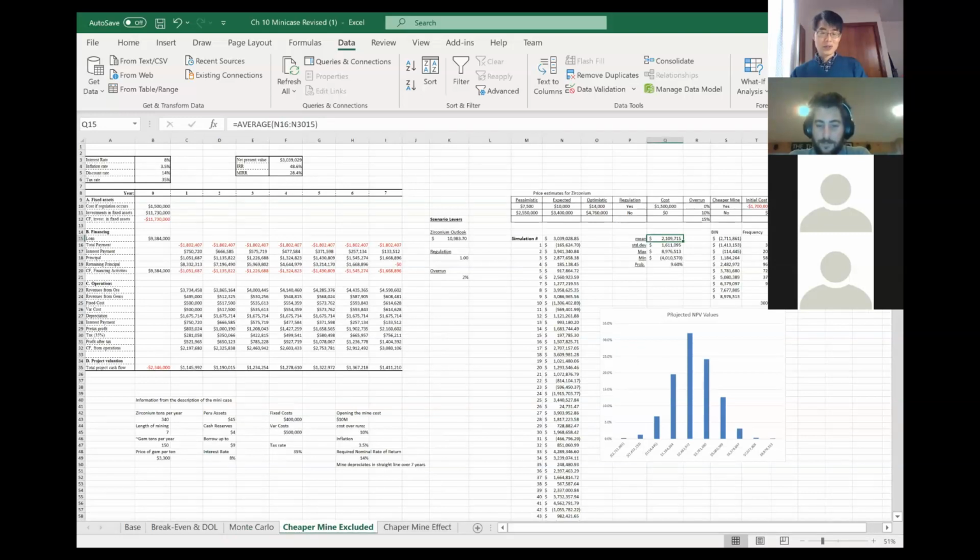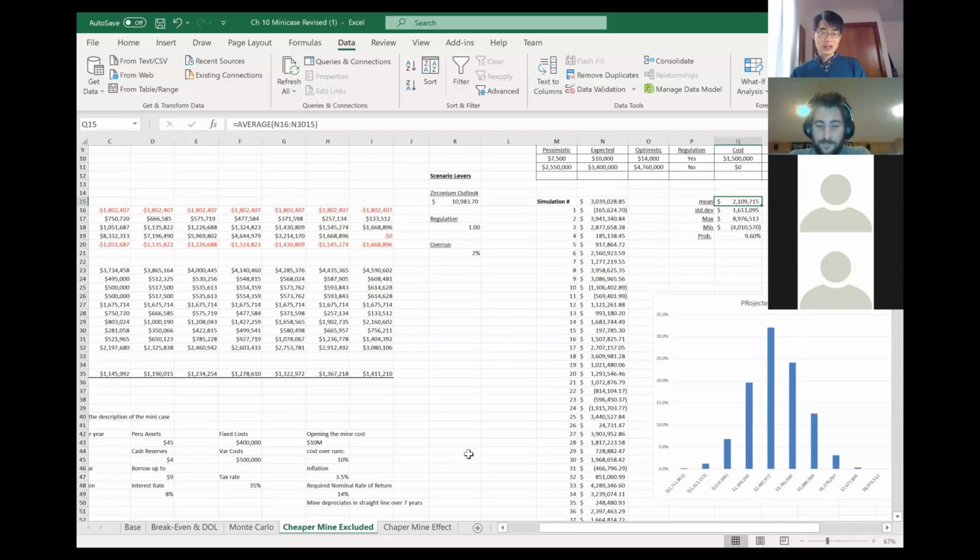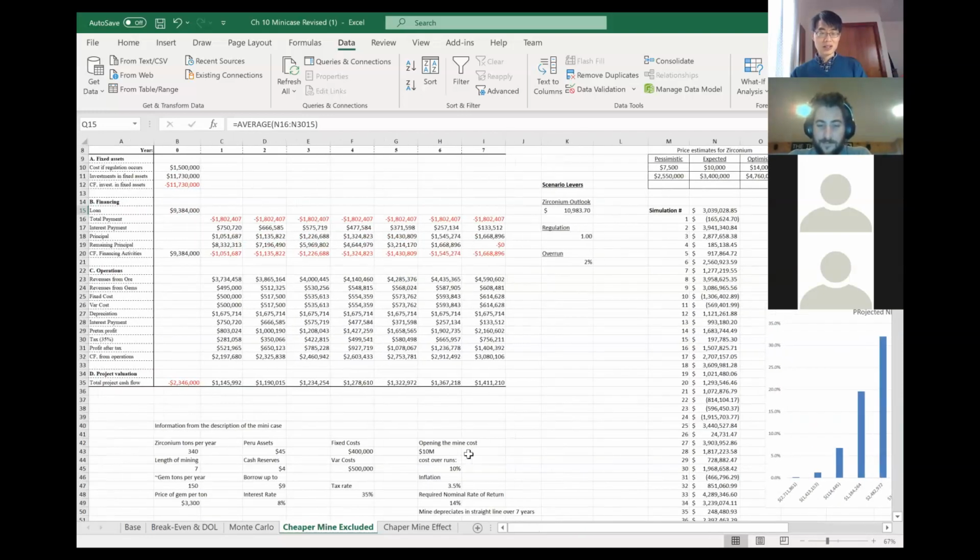So I decided to run 2 different simulations. This is one with the current technology. When we use the current technology, we are eliminating the possibility of using the cheaper design. Then now we have only 3 variables: the zirconium price, regulation, and the cost overrun. And the basic setup is exactly the same.